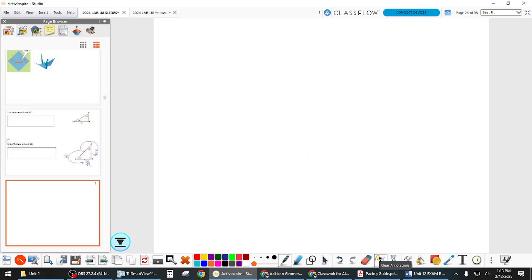Okay, let's change this slightly. I'm just making up numbers. 13 root 3. What is this side?